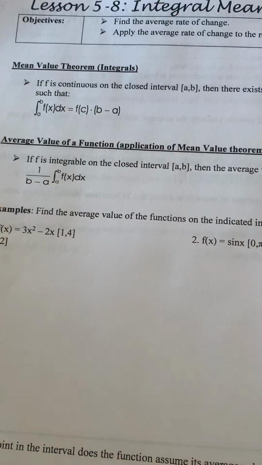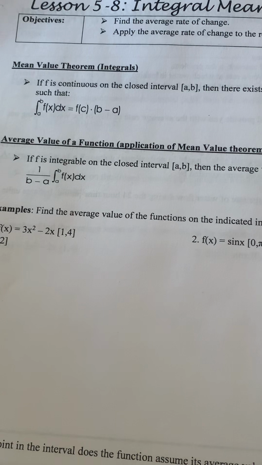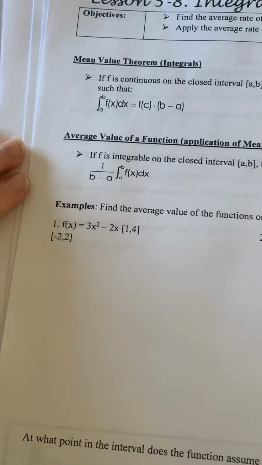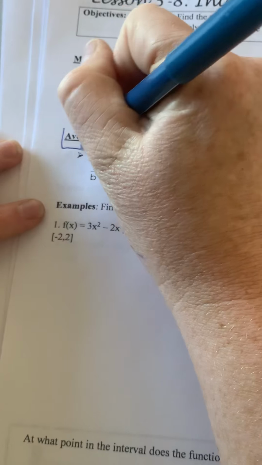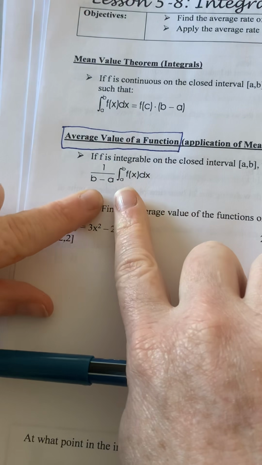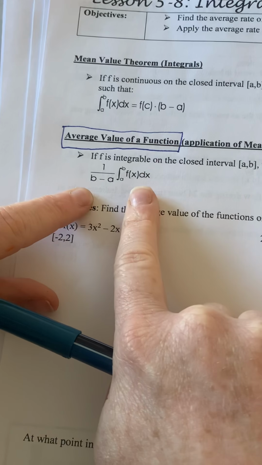Okay, that's the theorem. If you don't understand what the theorem is saying, that's really okay because we're going to apply it to the average value of a function here, okay? And this formula below is what we really need to know.